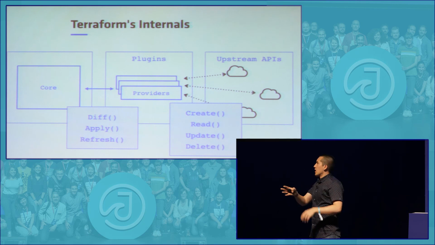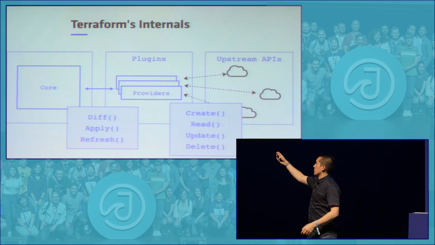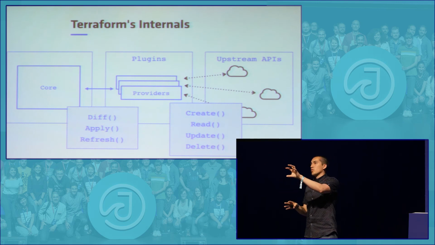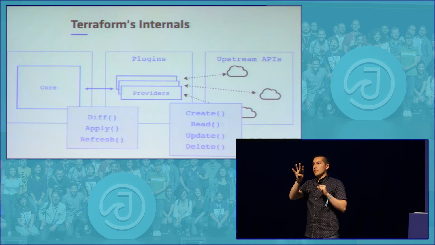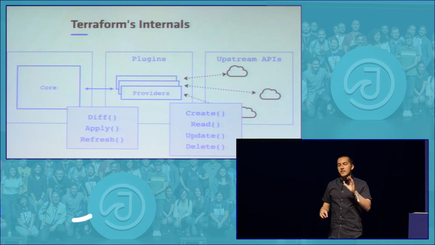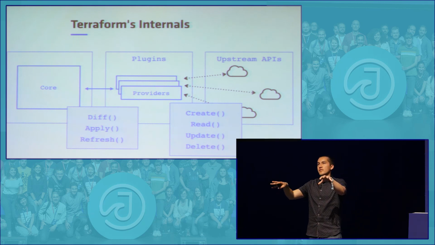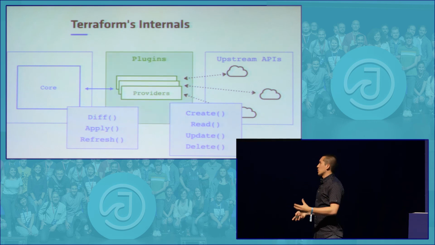It's a diff. What apply does is actually resolve that diff. So the result of diff is the parameter to apply. And it says, you told me this was the diff earlier, and this is the current state. Go make this a reality. And what refresh does is says, this is my current view of the state of the world. Please make read-only requests only, and update my state if it's wrong, or verify that it's correct.